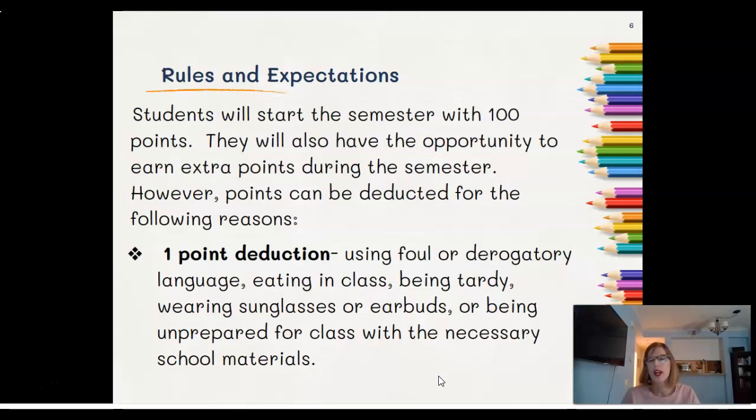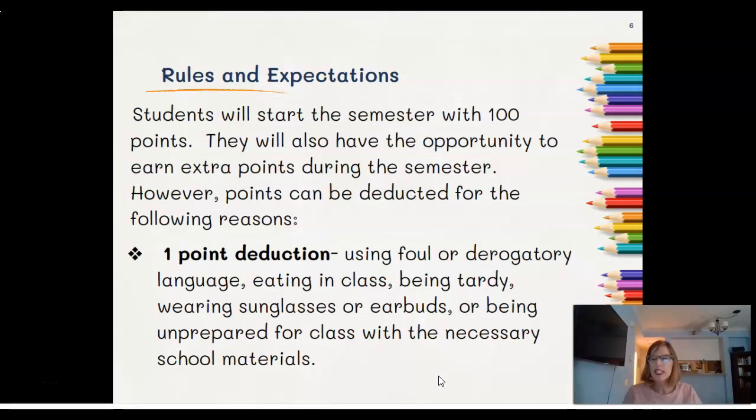And so what I do is I start every student off with 100 points for the semester. They do have opportunities to earn extra points. So maybe they've made some poor choices. I do give them chances to earn points back, so they're not forever penalized. But I have a system: a 1, a 2, and a 5 point.